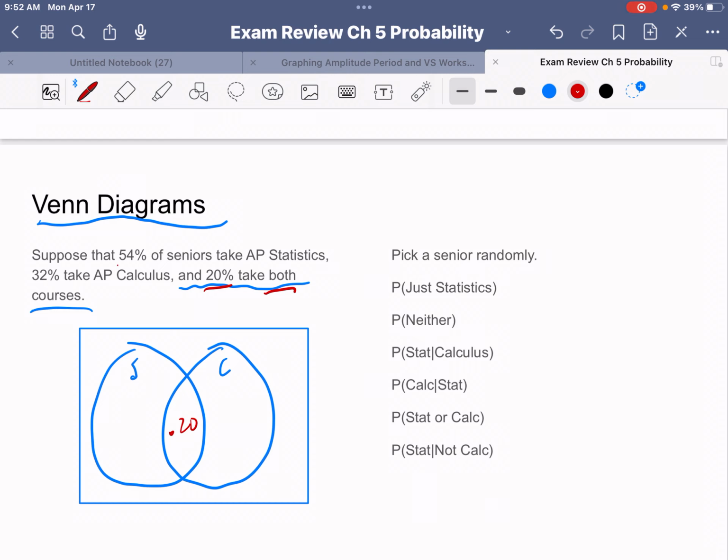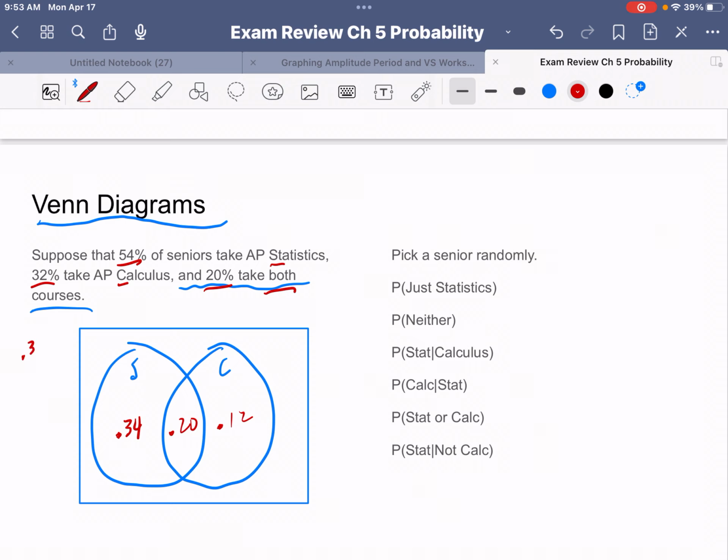Now, if 54% take AP Statistics, then I need a 0.34 in the rest of the statistics circle because I want the sum of those two numbers to be 54%. 32% take AP Calculus, so if I put a 0.12 here, that's 32% taking calculus.